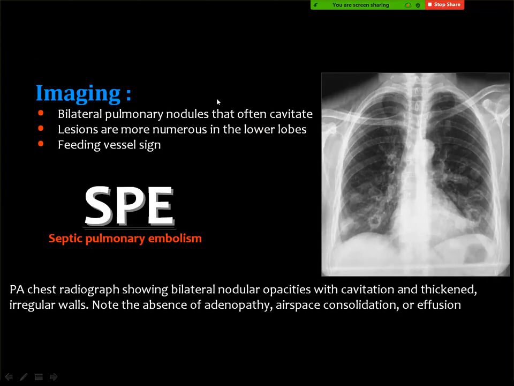Septic emboli should be included in the differential diagnosis of cavitating pulmonary nodules. Other diagnostic possibilities include cavitating metastasis, Wegener granulomatosis, and rheumatoid nodules.